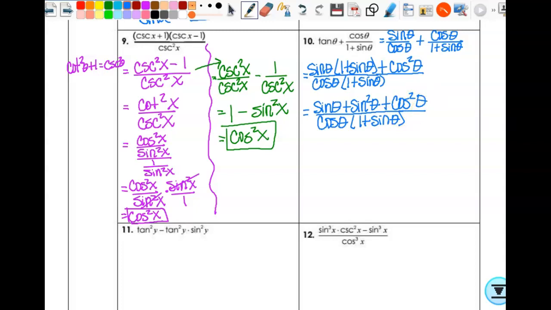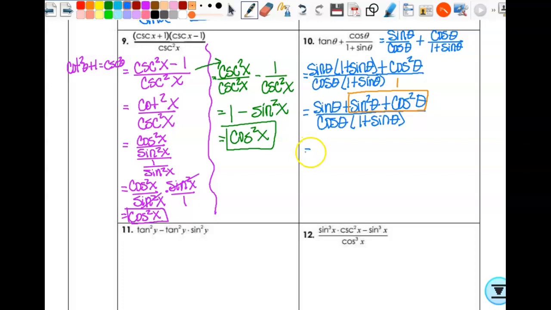All right, so do you see anything that you could substitute at this point? What is sine squared plus cosine squared? 1.